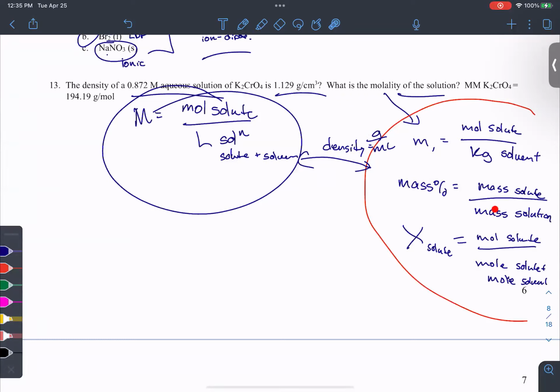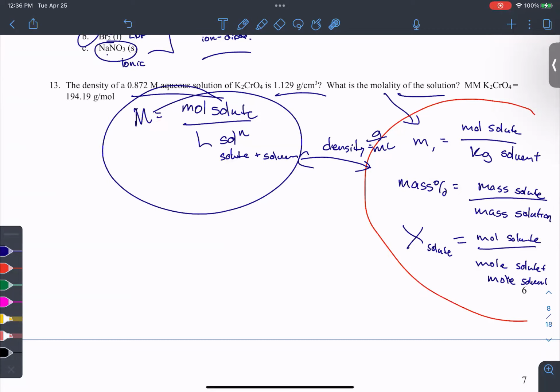And as long as you know the identity of your solvent and your solute, you can pull out how many kilograms of solvent versus the mass amount of your solute you have. So that's how I like to think of it. All of these live together. You don't need density for molality, mass percent, mole fraction, but you do need density if you want to hop on this island where molarity lives.